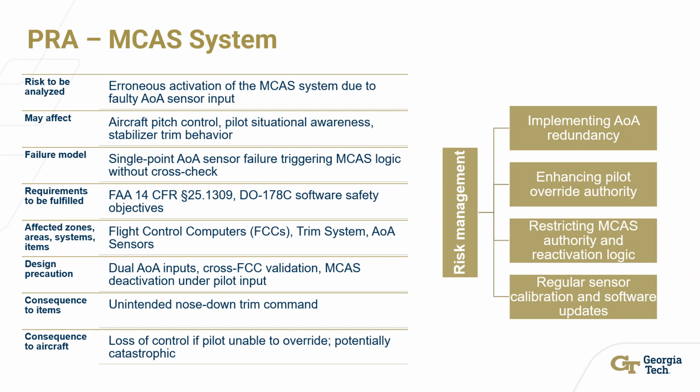The key issue was the single point angle of attack failure that led to repeated nose down trim input. The risk management recommendation included implementing angle of attack redundancy, enhancing pilot authority, and more robust software oversight.